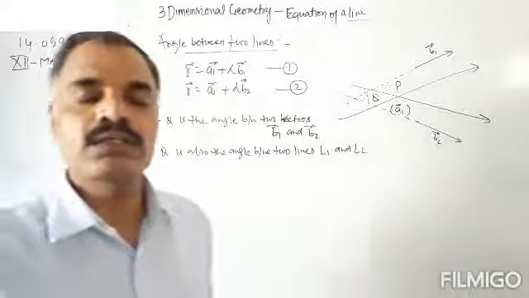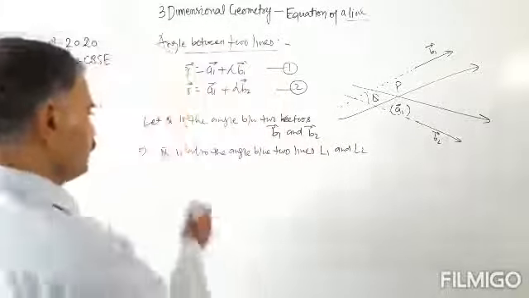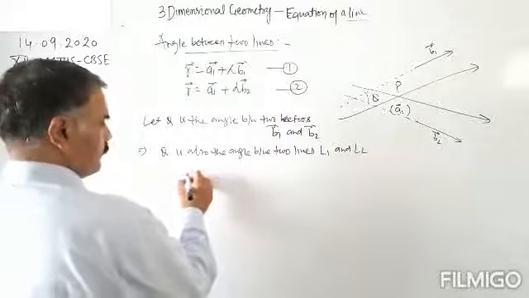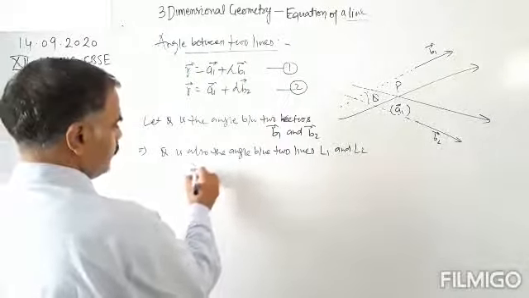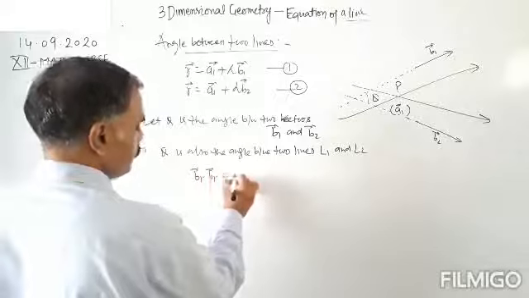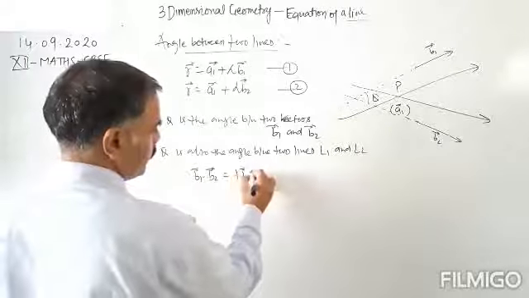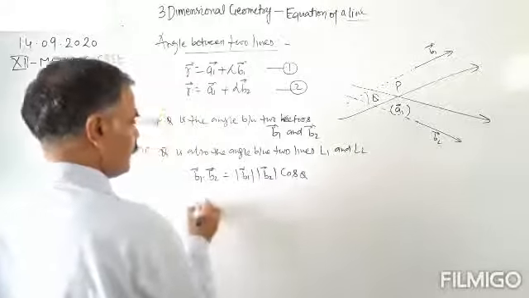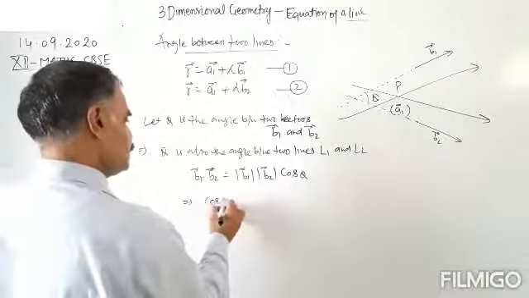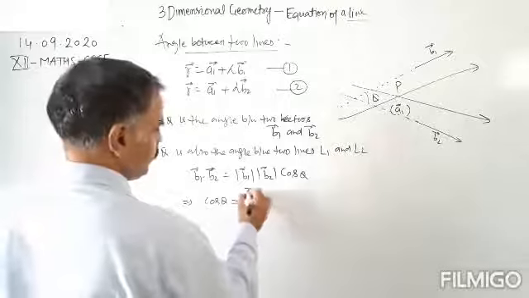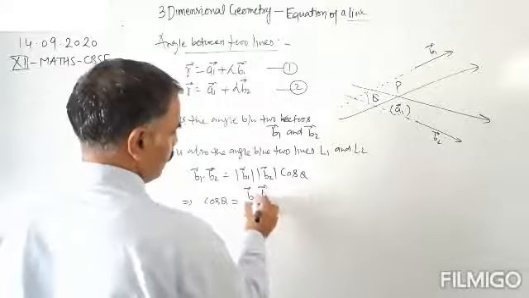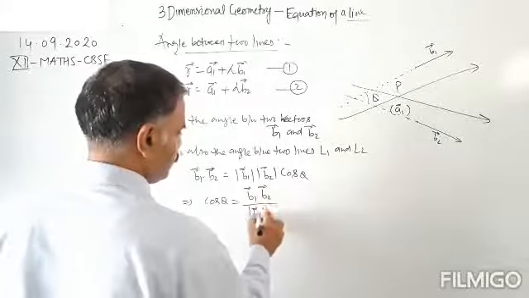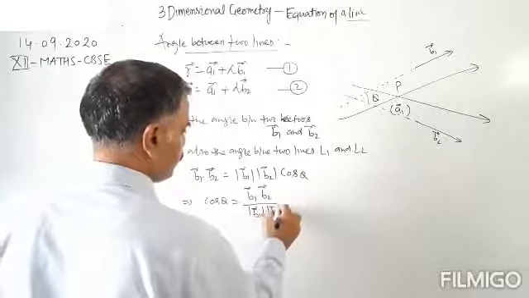Now using the scalar product or dot product, b1 vector dot b2 vector is equal to magnitude of b1 vector, magnitude of b2 vector, cos of theta. So cos theta is equal to b1 vector dot b2 vector divided by magnitude of b1 vector, magnitude of b2 vector.